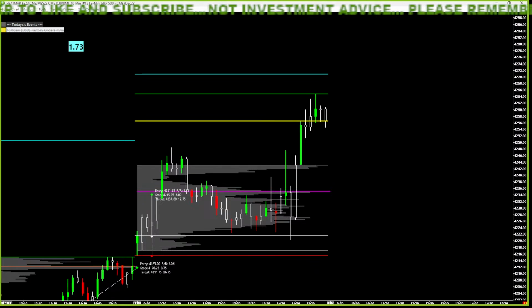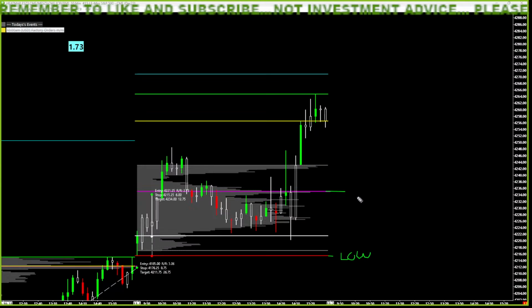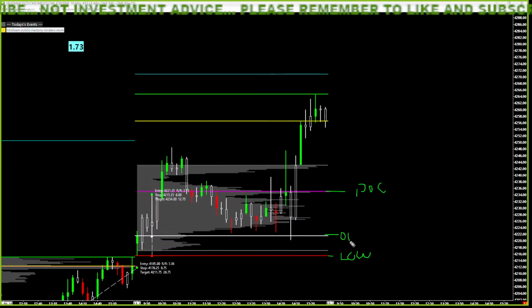I added a couple of things. Typically on my chart, I don't mark the high and the low, right? I can see them. But for here, I want you guys to be able to see it. So we can see in red, that marks the low of the day. So as we go forward with this, you'll be able to understand. This purple line is the point of control, and this is a developing point of control throughout the day. This white line here is the open.